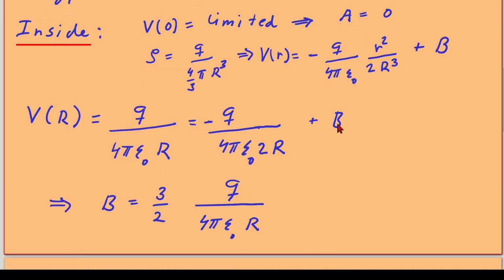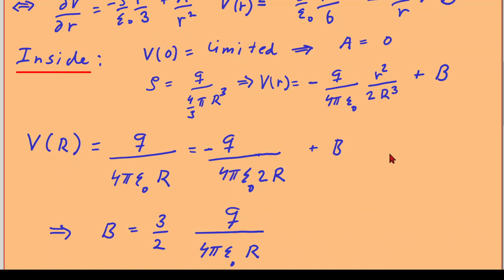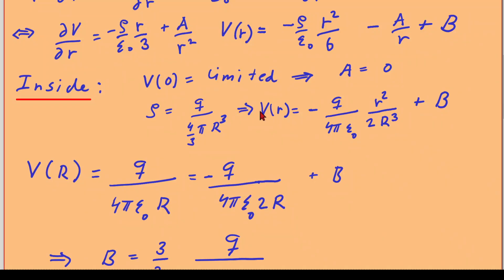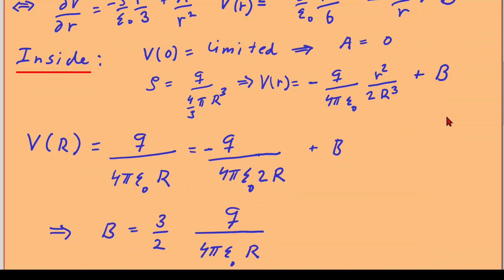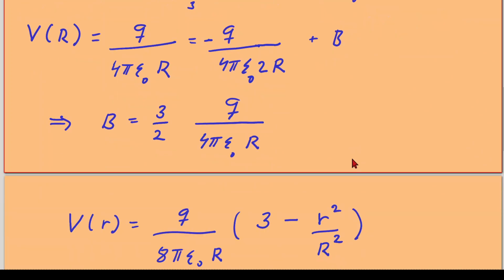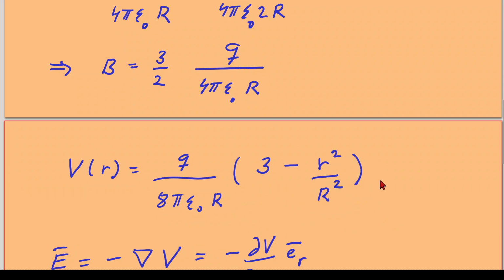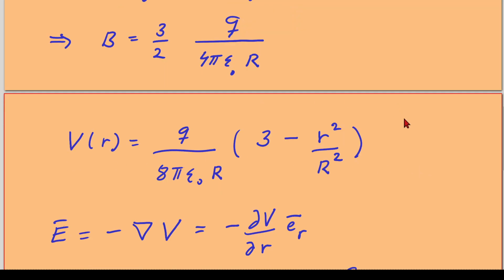Let's see if we can simplify this a little bit. We know V is this plus the constant B that we just determined, and this can be simplified into that. That was pretty complicated, but it is straightforward with the Poisson equation to find this result here.